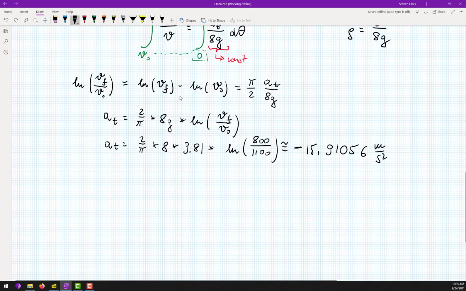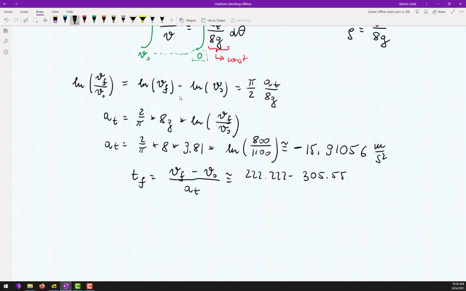So tf, you can look at in your notes. tf is equal to v final minus v initial divided by at. We know all of those numbers, so that would be, this time in meters per second, okay? 222.222 minus 305.556 divided by that number we just found, minus 15.91056.